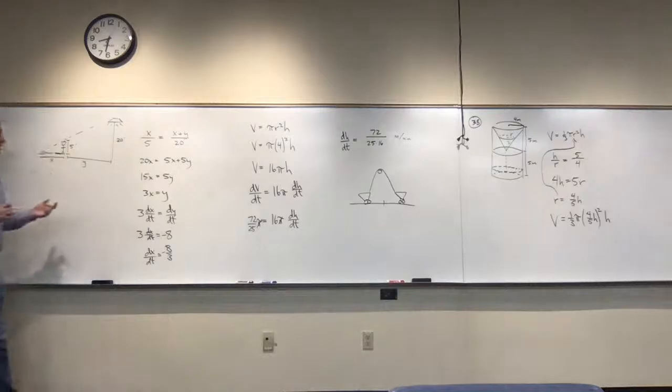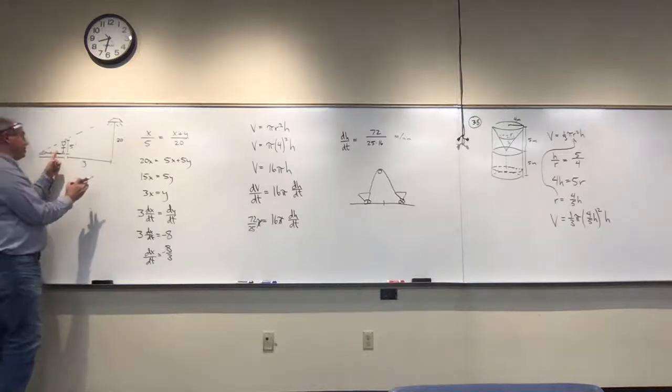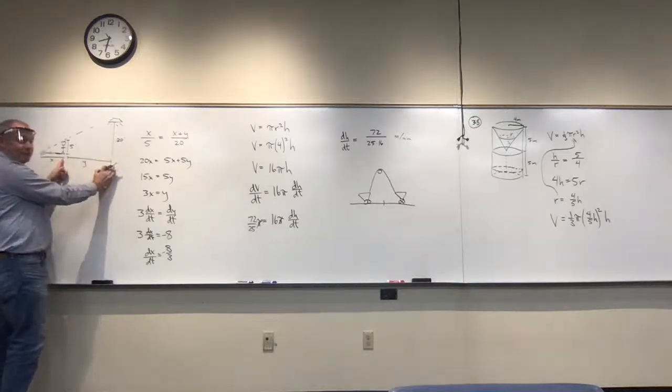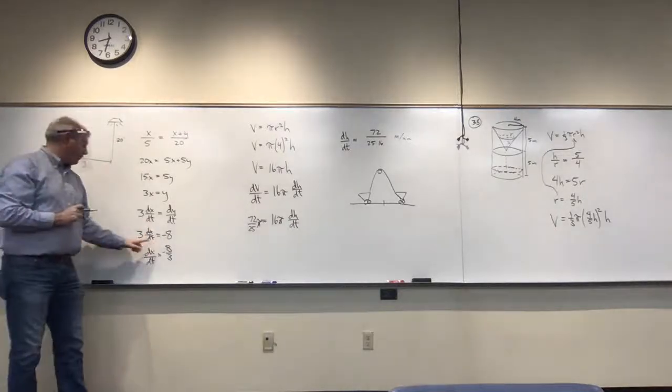No, because dx/dt is the length of the shadow. When you say how is x changing, and that's what I want to find, right? It's how fast the length of the shadow is changing. So dx/dt is not 8, because that 8 is how fast the distance between her and the street light is changing. Make sense? Okay, so that was -8 divided by 3.